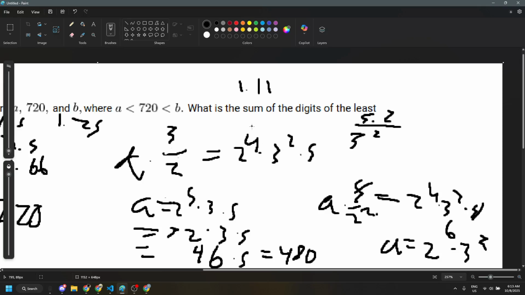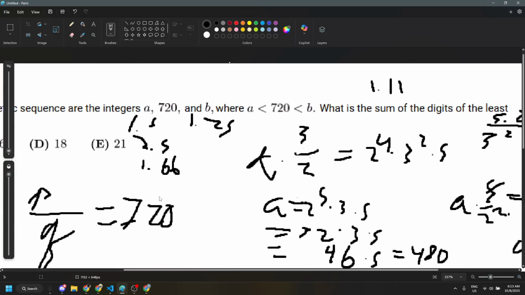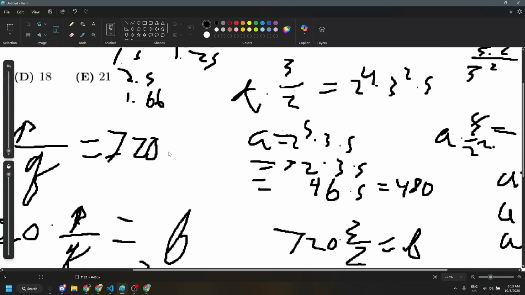We could do 45 over 16. Over 16, we can do 15, 16 over 15.